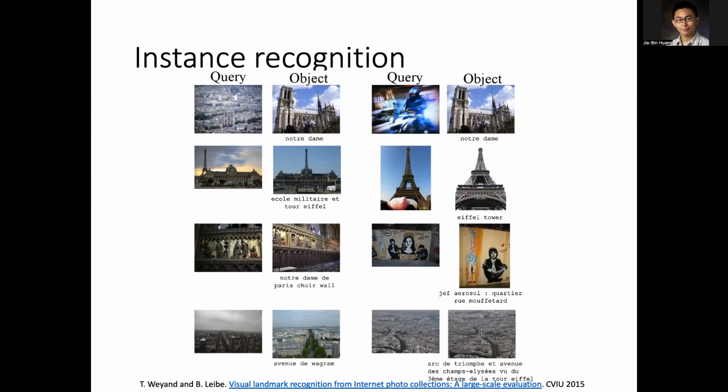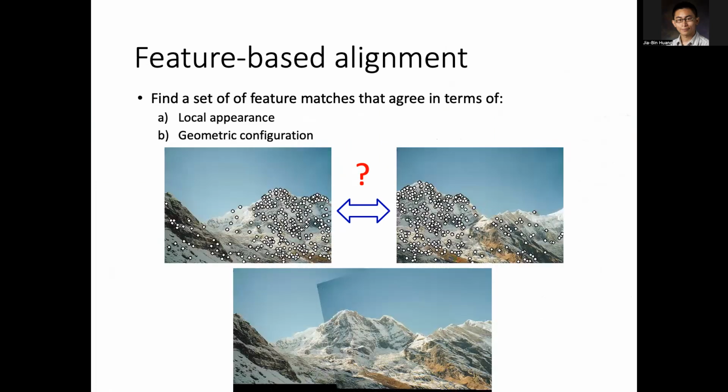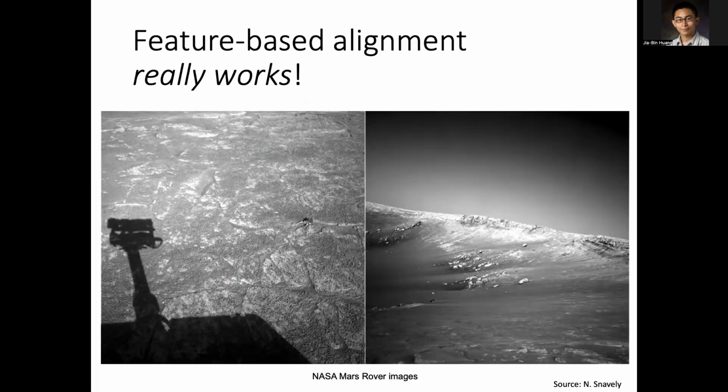That's an alignment problem. In reconstruction also, you have a model and images, and you need to understand how they are related to each other. These are very common alignment problems.